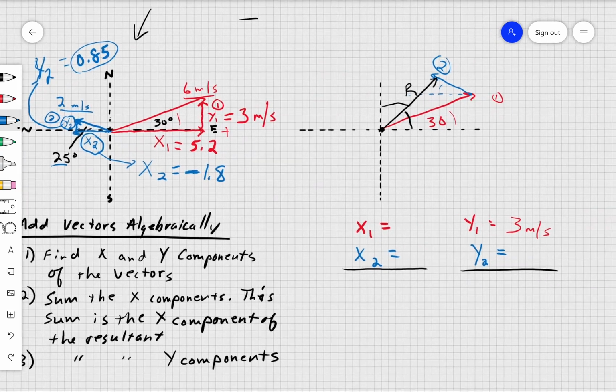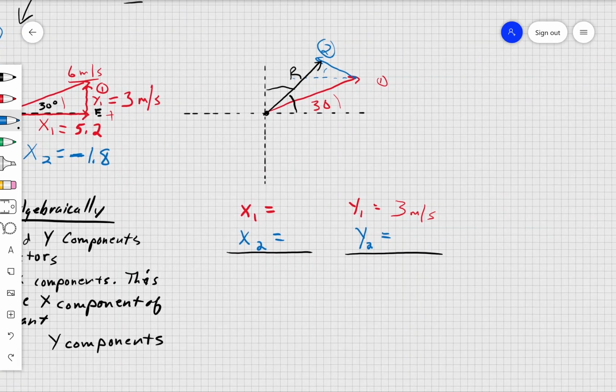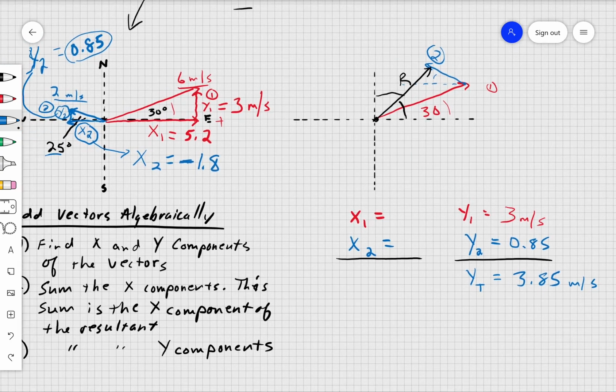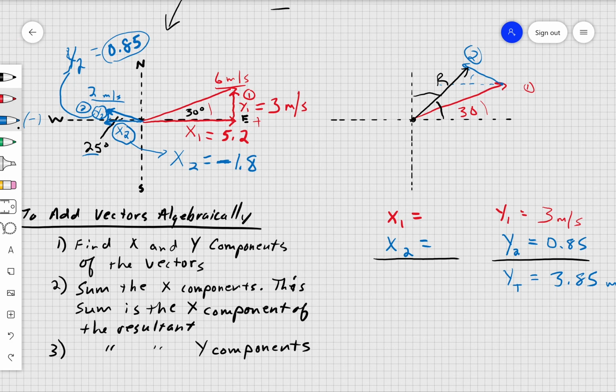So 0.85, and it looks like if I add these two, I will find y total, y sub t, y total of about 3.85 meters per second.